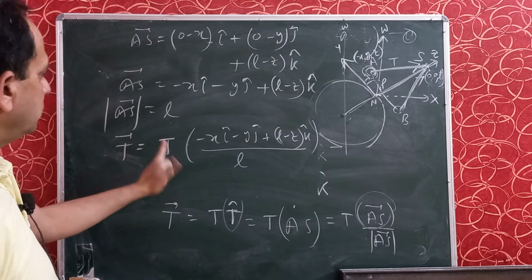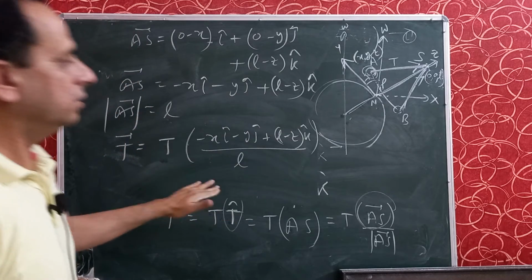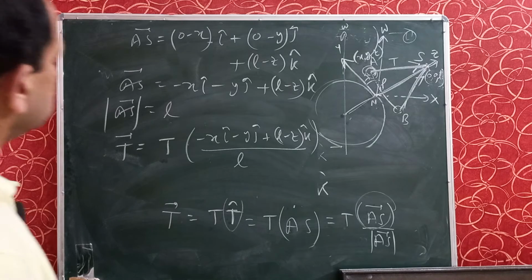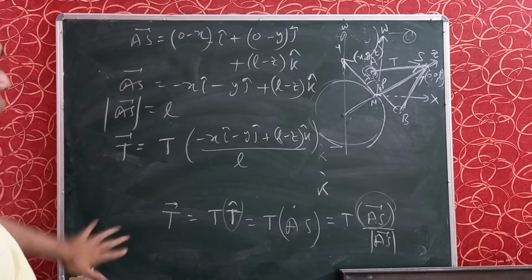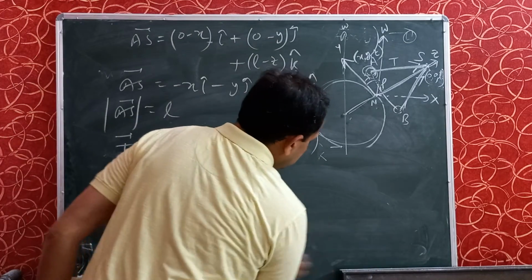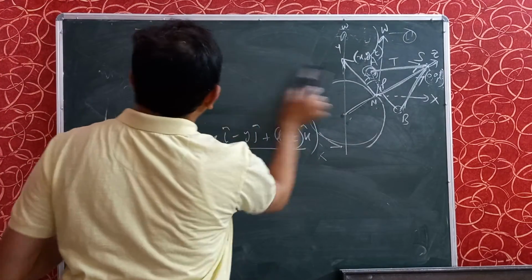Is it clear? It is T magnitude into T direction. So we have found the direction by using the concept of the two-point formula. Now we will put all these values in equation number 1 and we will get the final equation.